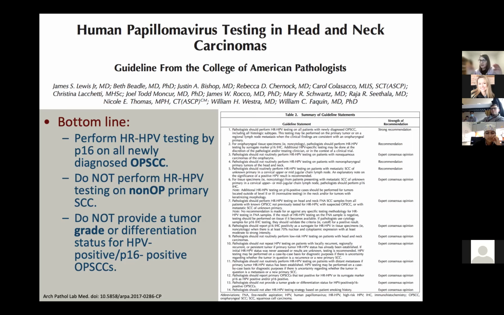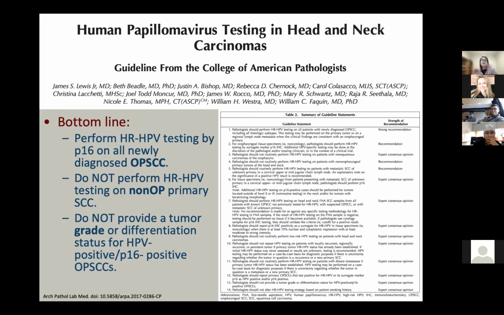So we do not call them poorly differentiated because it is not reflective of their good behavior. We in this institution, Mark and I, also do not grade keratinizing carcinomas for the exact opposite reason, because they generally are bad. Whether you call them well, poorly, or moderately differentiated, they are keratinizing, they recapitulate normal, but no, they're bad.